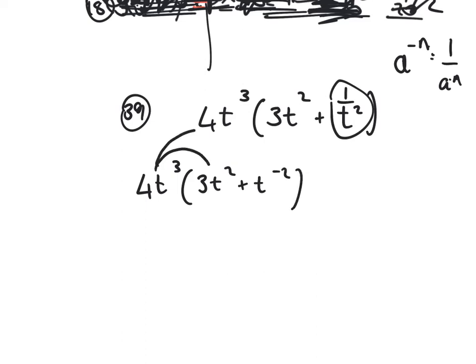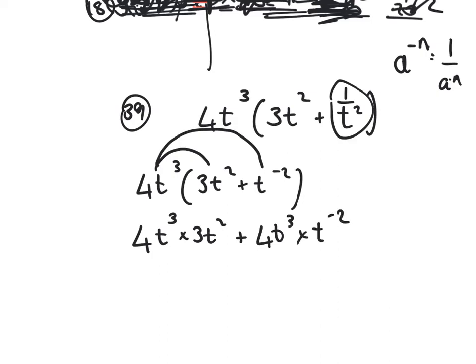Remember that the thing outside the bracket is multiplying the things inside the bracket. So that's 4t cubed multiplied by 3t squared plus 4t cubed multiplied by t to the minus 2. Okay, so 4 3s are 12. Add the powers, 3 plus 2 is 5, 12t to the 5. Plus 4, and add the powers, 3 plus minus 2 is 3 minus 2, that's 1. 4t to the 1, I can just leave that as 4t. Final answer 12t to the 5 plus 4t.